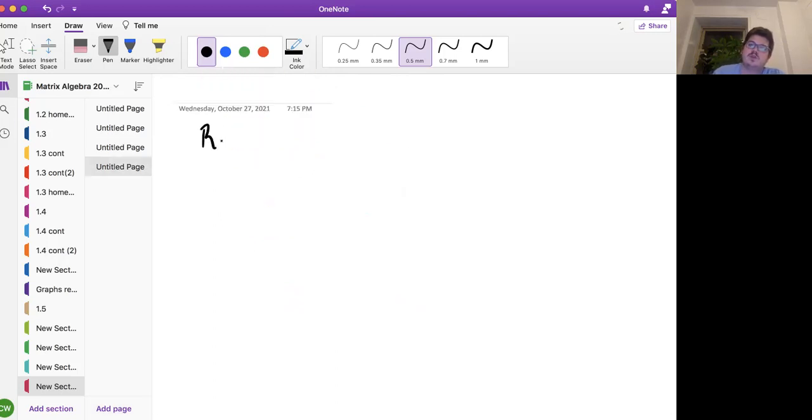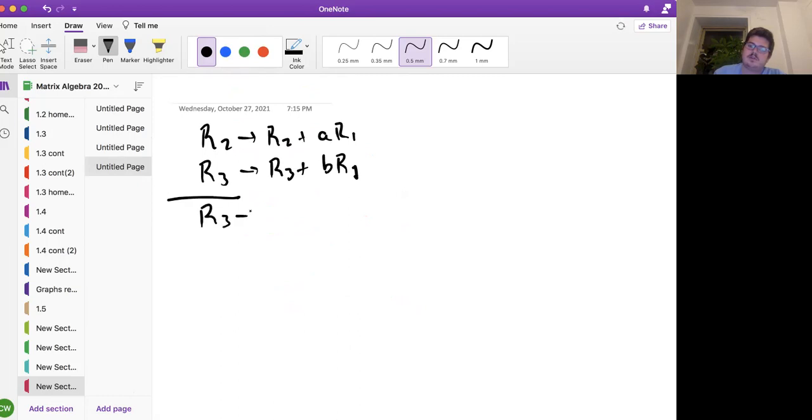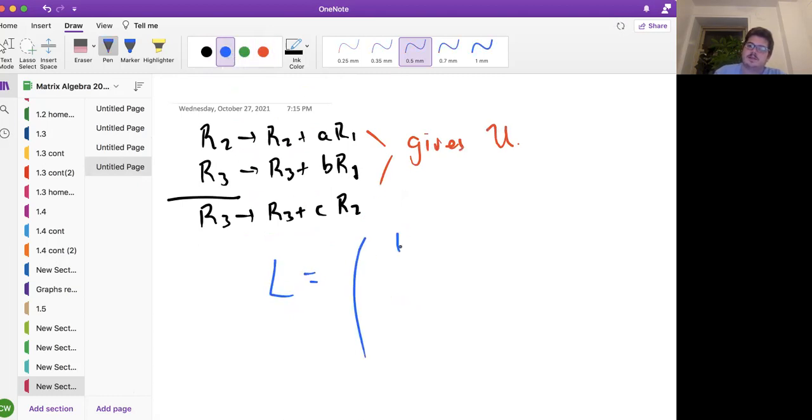So if you do row 2 to row 2 plus A row 1, row 3 to row 3 plus B row 1, and row 3 to row 3 plus C row 2, and if this gives you U, then we know that L is equal to negative A, because it's the inverse, negative B, and negative C.